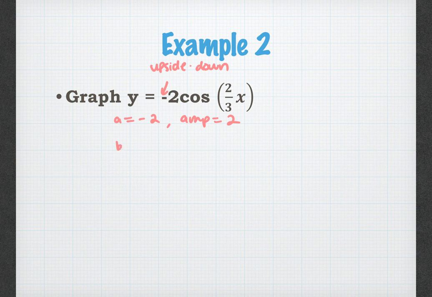All right, B is what? 2/3. So the period, which is 2 pi over B, is going to be 2 pi over 2/3. And then we would flip that, 2 pi times 3/2. The 2's cancel, and I end up with 3 pi.